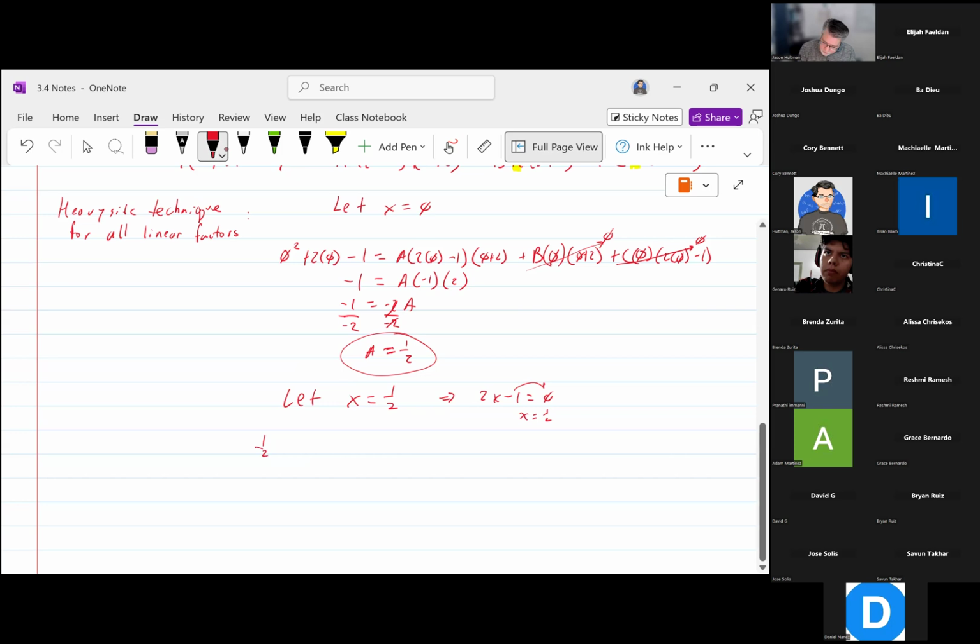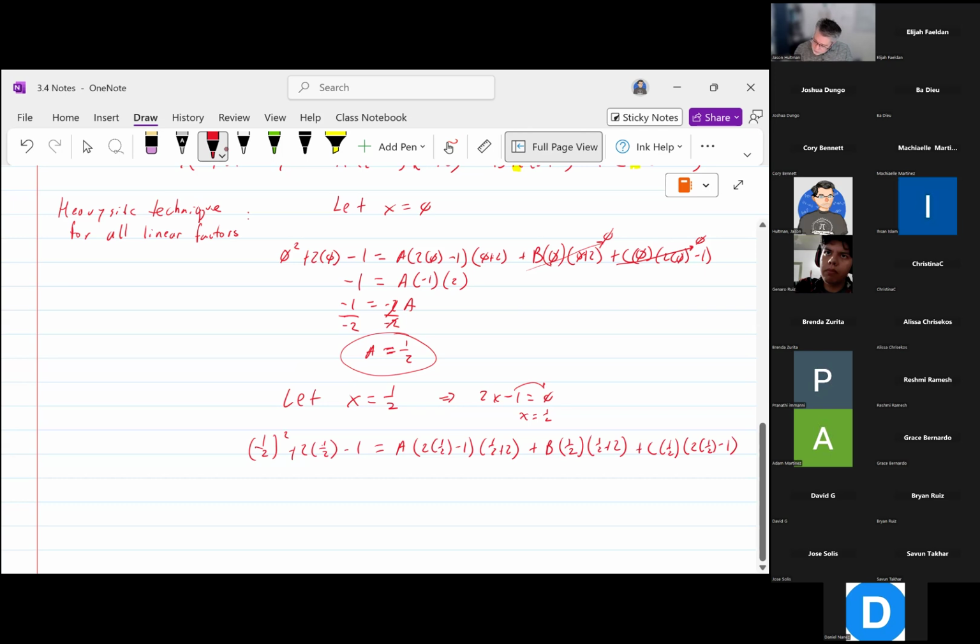So this is going to be 1/2 squared plus 2 times 1/2 minus 1 is equal to a times 2 times 1/2 minus 1 times 1/2 plus 2 plus b times 1/2 times 1/2 plus 2 plus c times 1/2 times 2 times 1/2 minus 1.